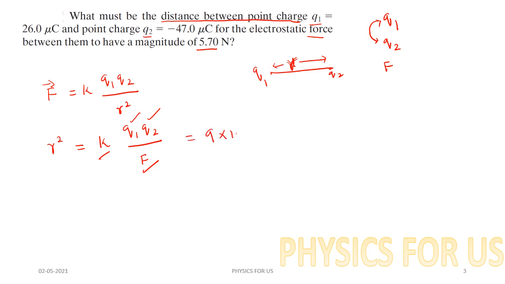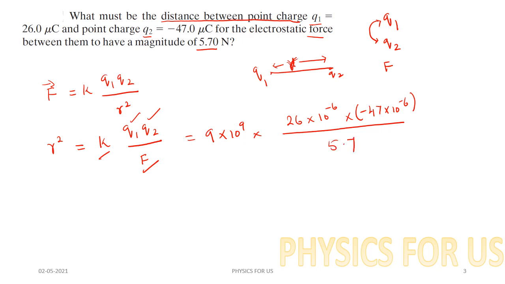We know that already, 9 into 10 power 9, times 26 microcoulomb, which we can replace in standard units of coulombs, which is 26 into 10 power minus 6, into minus 47 into 10 power minus 6, divided by f, which is nothing but 5.7 Newton.